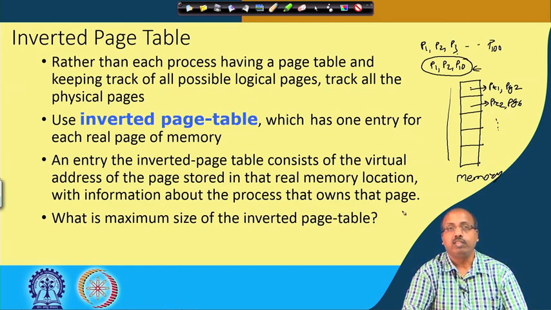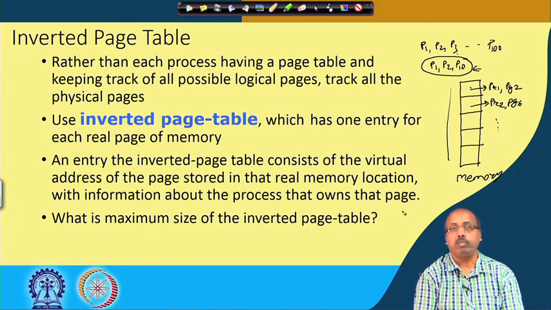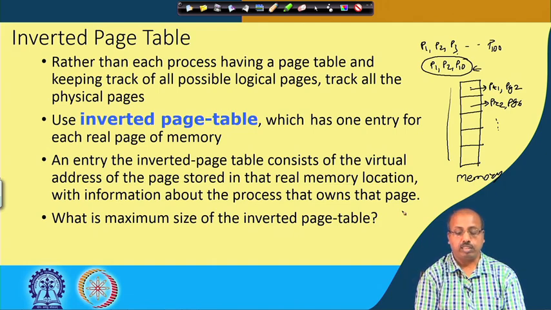As I was telling, for every frame I need to remember which process it is from and which page of that process. So, for each actual physical frame, we store the corresponding process from which the page is coming and the corresponding page of that process.